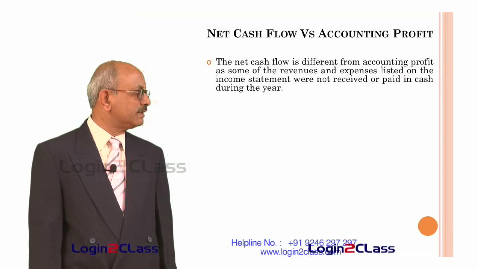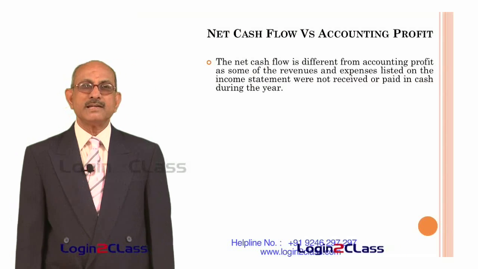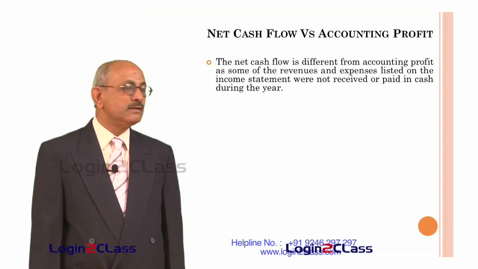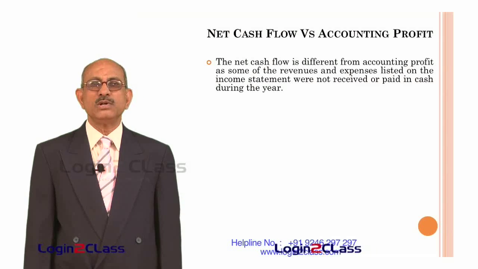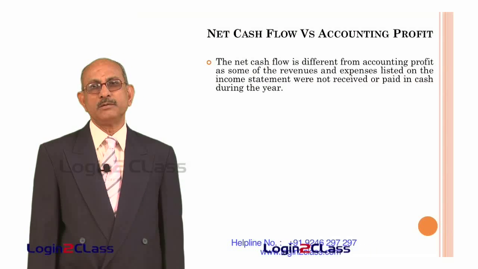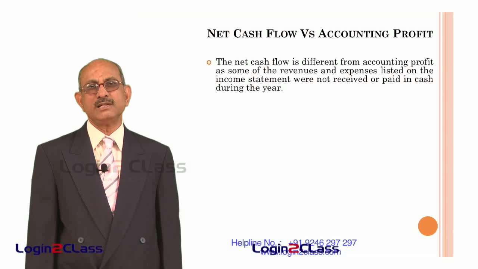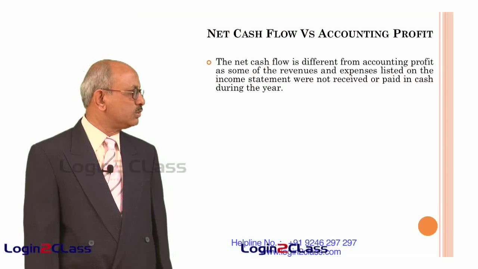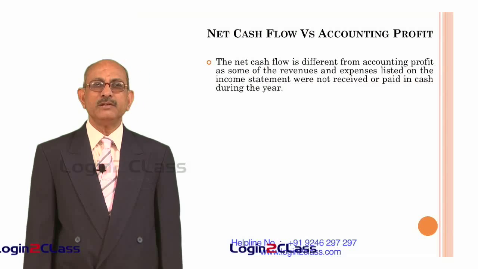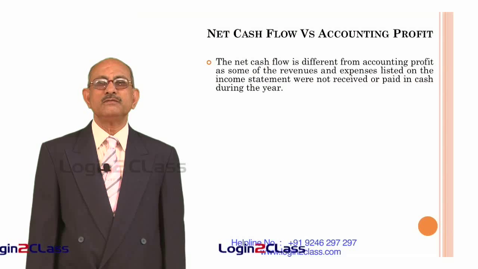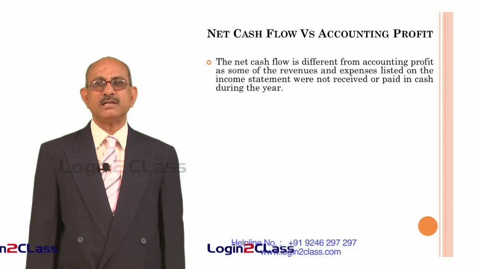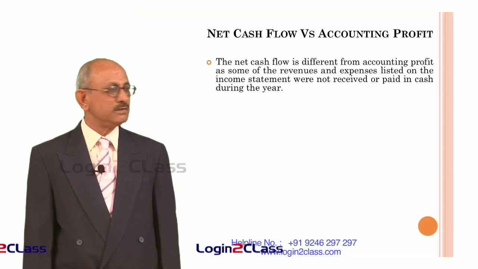So what happens in the case of a cash flow is we take into account only cash flows, that means only those flows which result in receipt of cash or use of cash, but we will not be taking those which result in income but do not result in cash inflow.